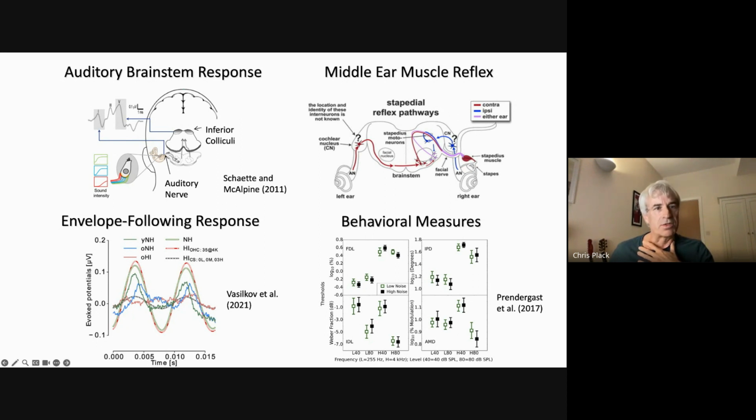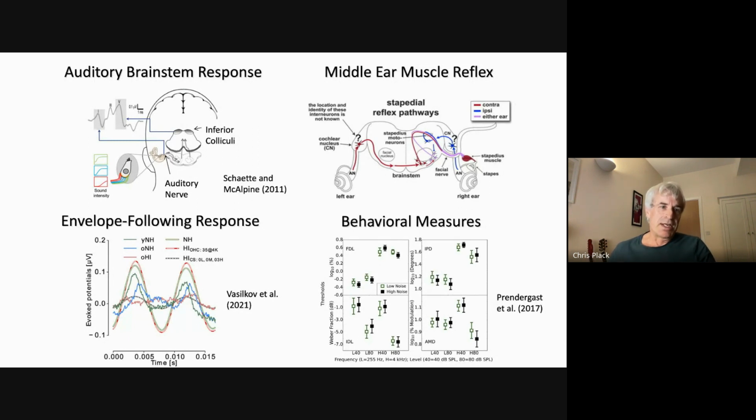It's been shown in the mouse model to seem to be highly correlated with the synaptic survival. So a lot of research groups, including our own, went straight to the auditory brainstem response and looked for changes or differences in wave one amplitude due to things like noise exposure or tinnitus. And I have to say the overall results, though there were some positive findings, were fairly mixed.